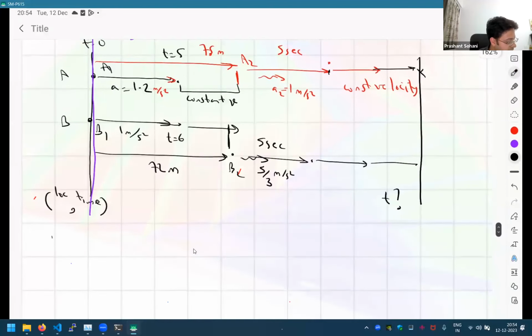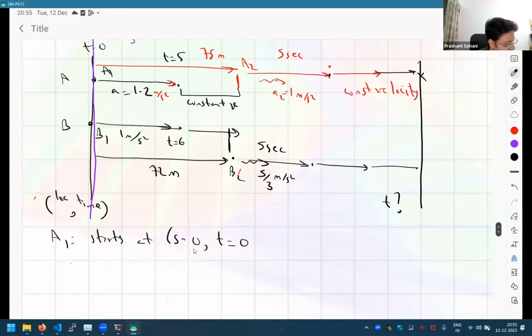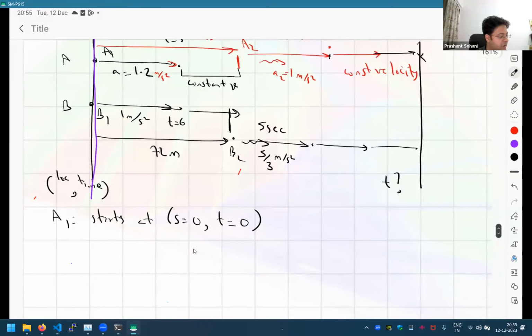Okay, so first let us look at A1. So A1 starts at location 0, time 0, right? I'm writing S for displacement, but that is the same as location. So first part, where he accelerates at 1.2 meter per second square. So acceleration is 1.2 and time is given as 5 seconds, right?